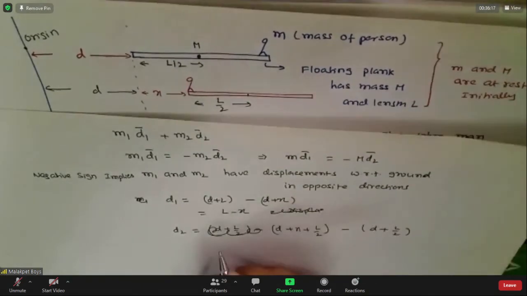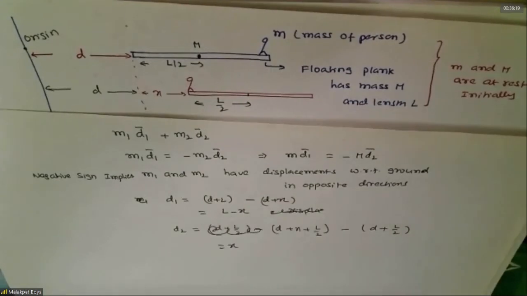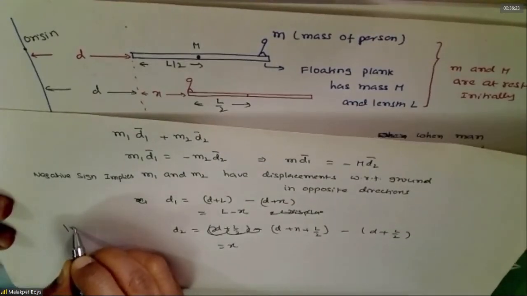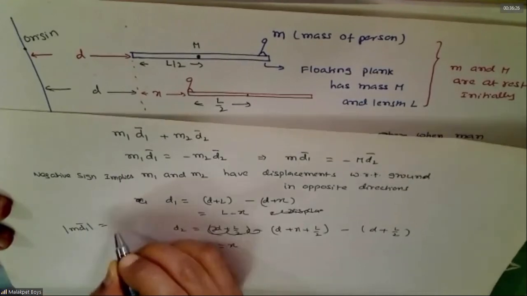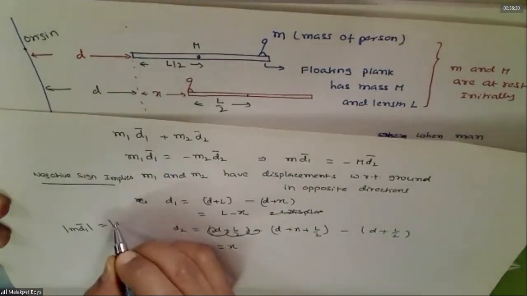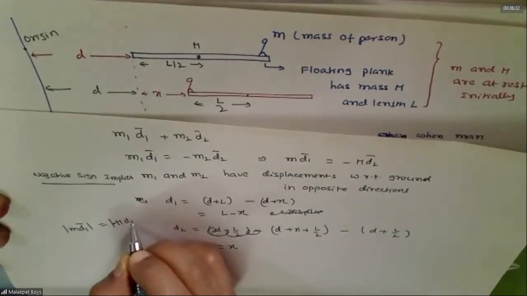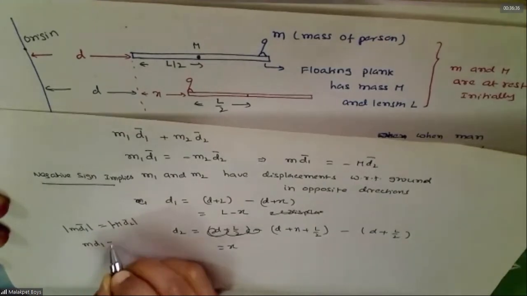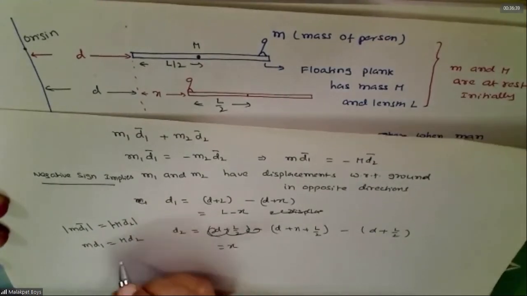So how much it is coming to x only, no? Do you agree with this? So, if you take the magnitude, the negative sign implies only opposite direction, no? So this is M D1 equals m D2.